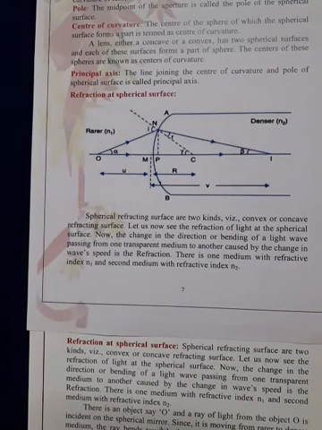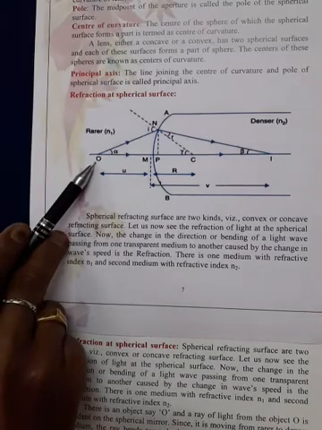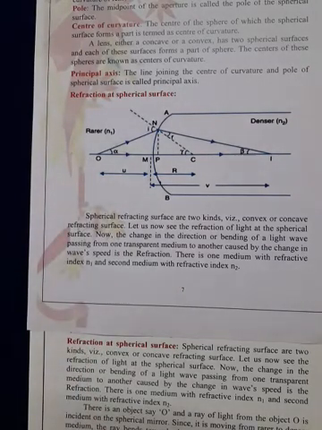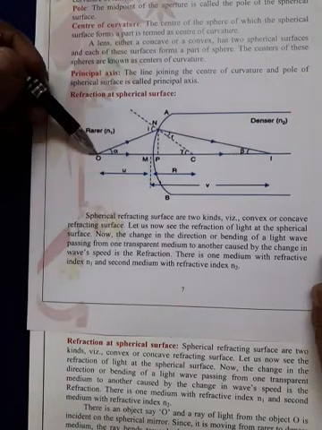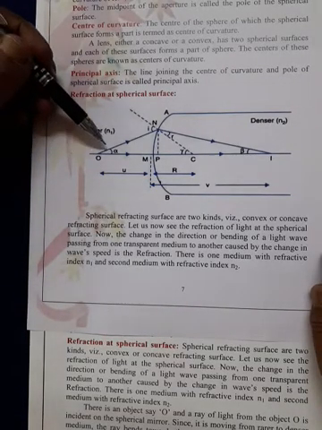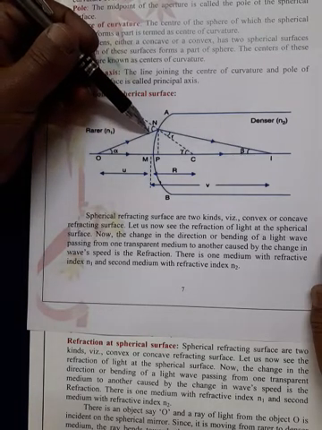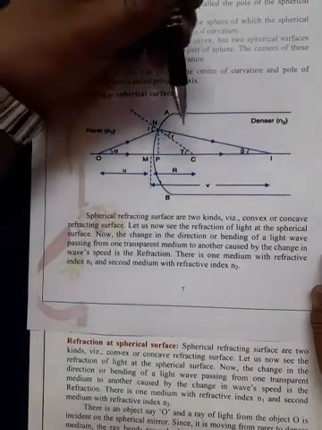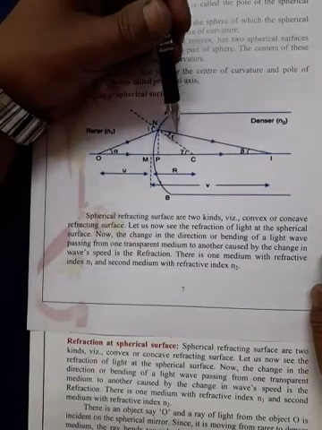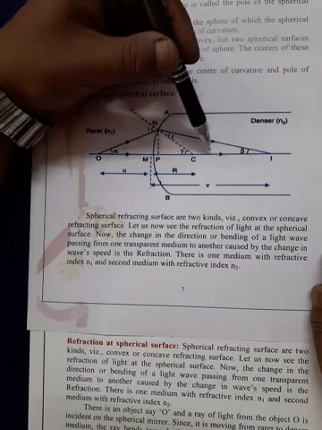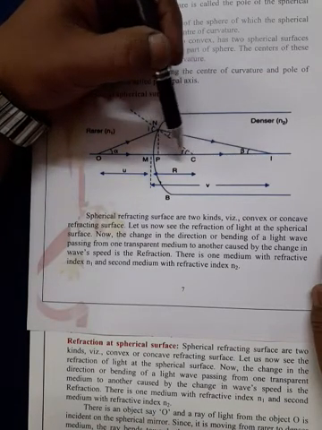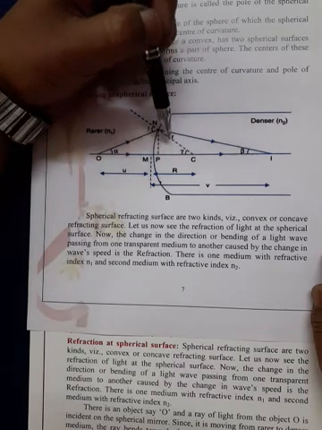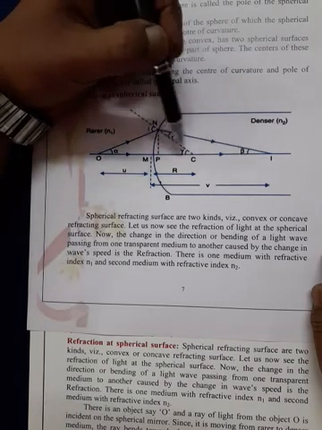There is an object, say O, and a ray of light from O is incident on the spherical surface at N. Since it is moving from the rarer to the denser medium, it bends towards the normal drawn, this line.